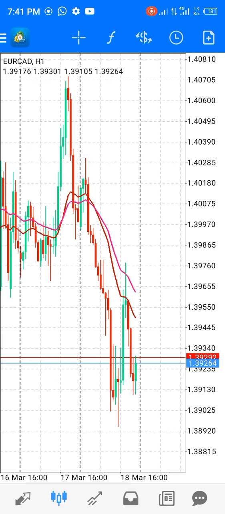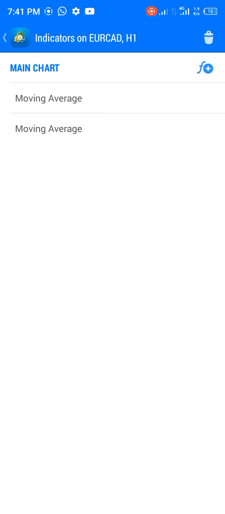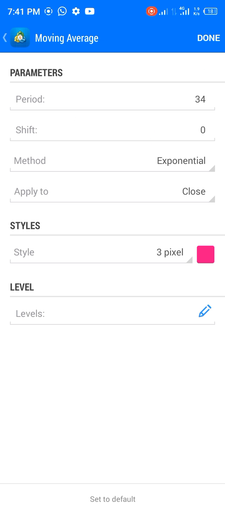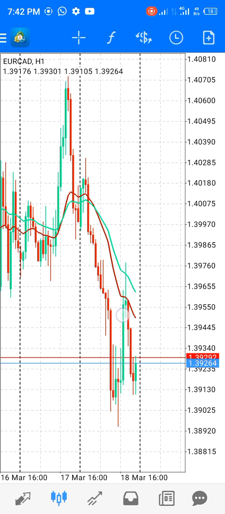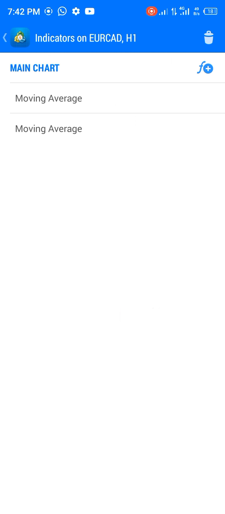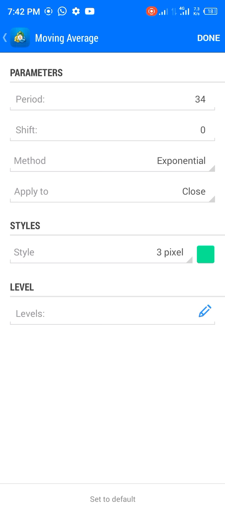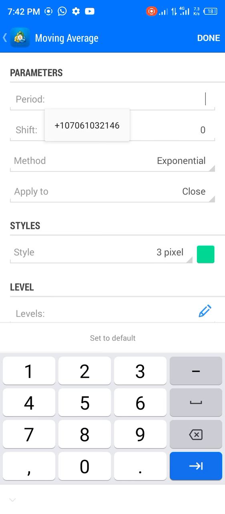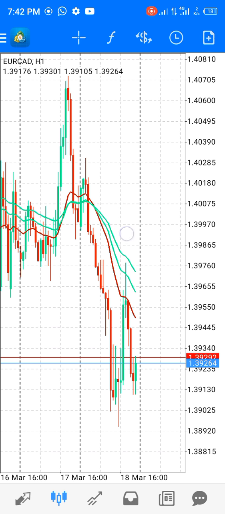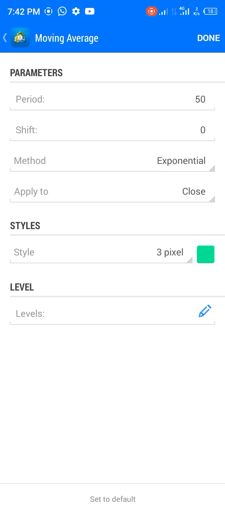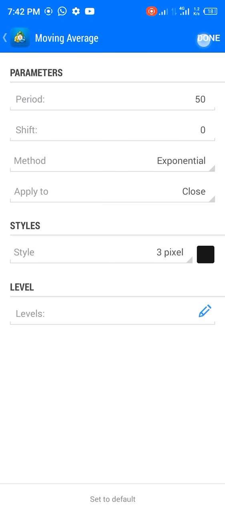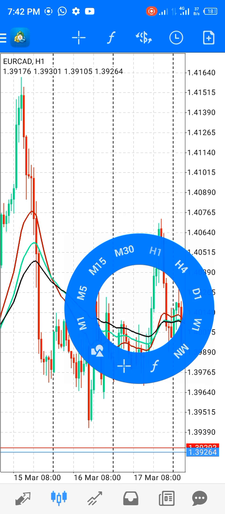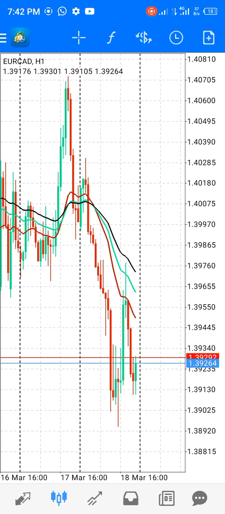Okay, do we use pink or do we use a different color that will be different from that red? Okay, let's use green. I can simply edit it and then change it to green, activate it, and then the last one is the moving average 50. Okay, 50, you activate it. Let's edit it. Sorry, it's not going to be the same color. We'll be using black.